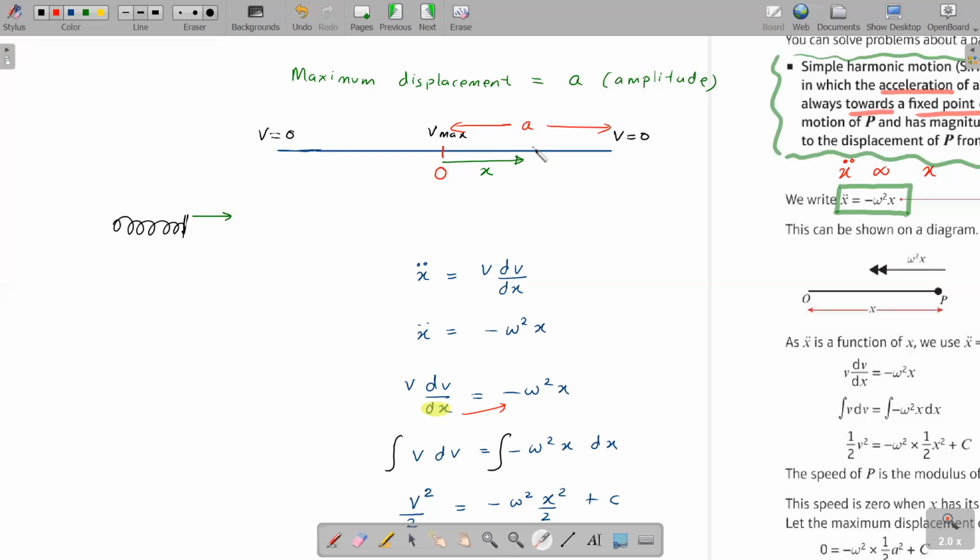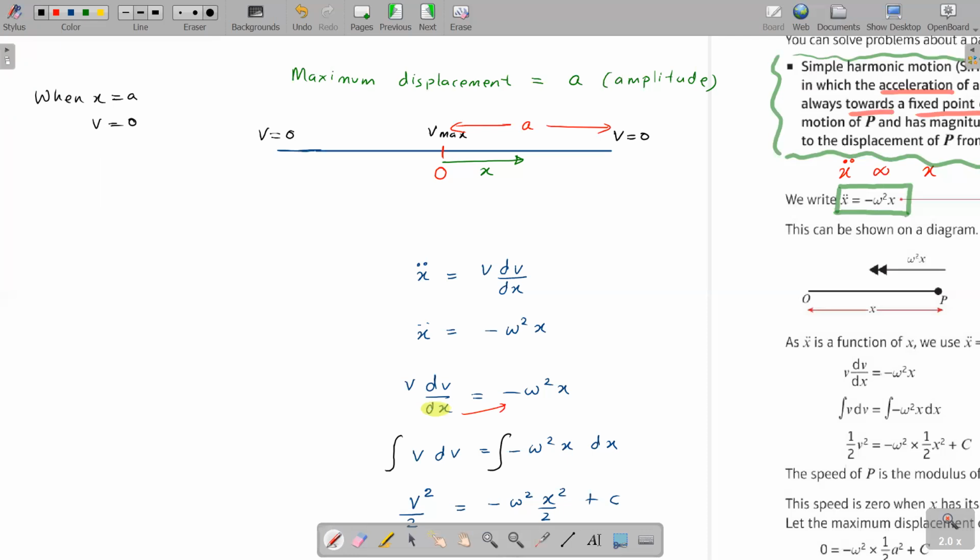So what's special is at the amplitude, the velocity becomes 0. I just want you all to know this. Over here at the maximum amplitude, when x is equal to A, the velocity is equal to 0, isn't it?